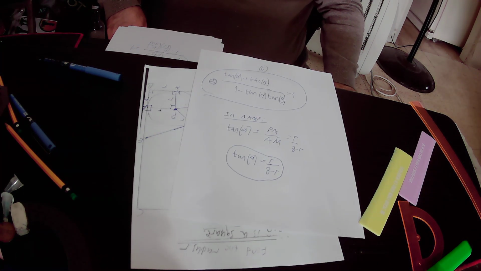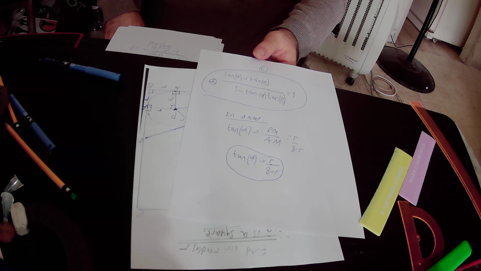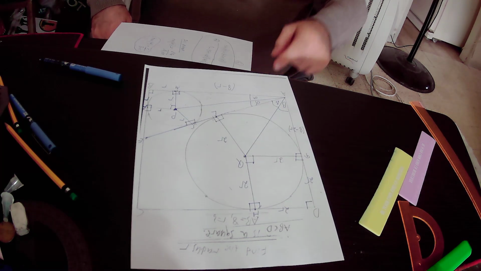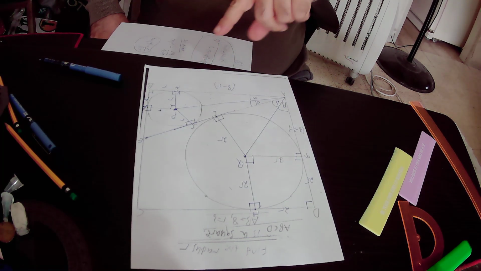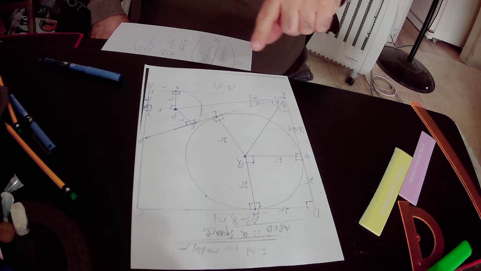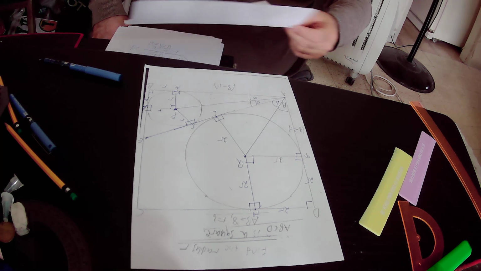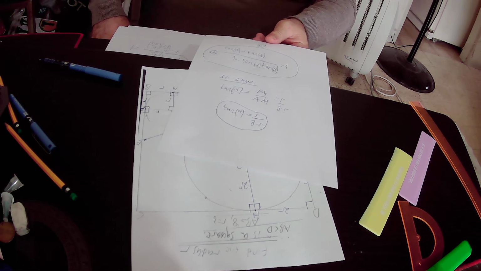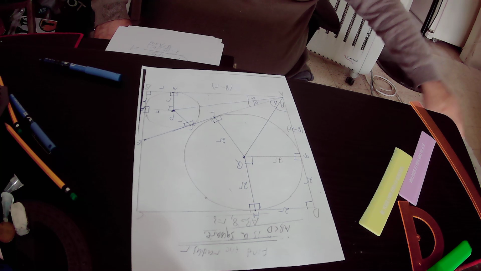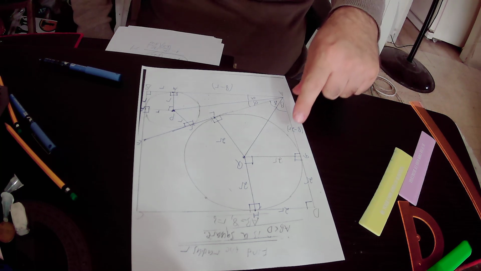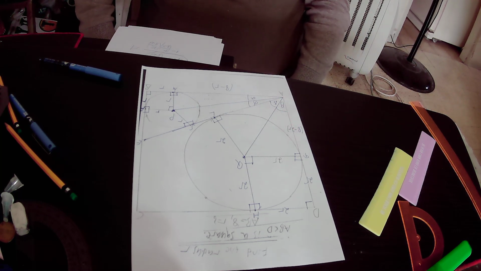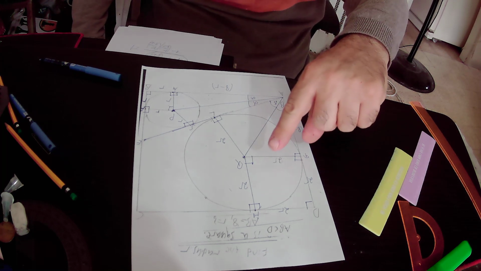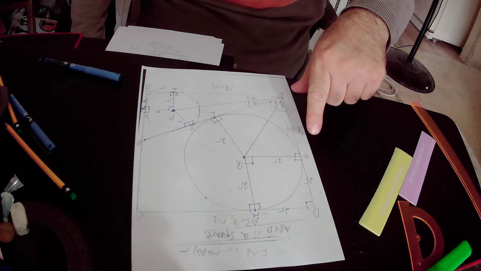And then we calculated the value of tangent alpha. Here tangent alpha equals PM over AM, but we know that PM equals R and AM equals 8 minus R, so in total tangent alpha equals R over 8 minus R. And if we focus on triangle AGQ, then tangent beta will be equal to GQ over AQ.